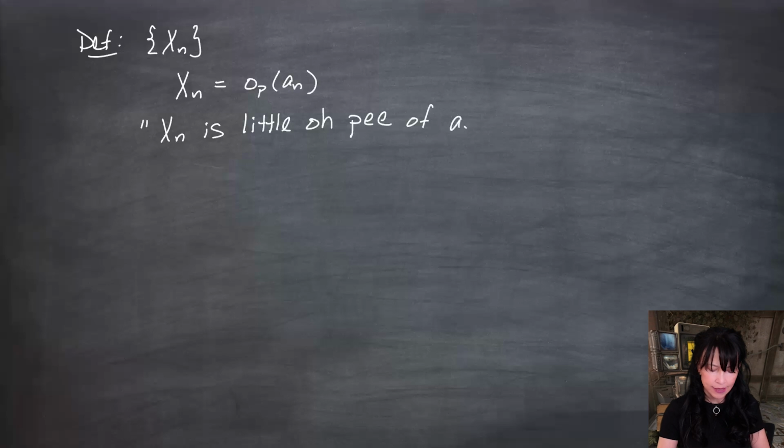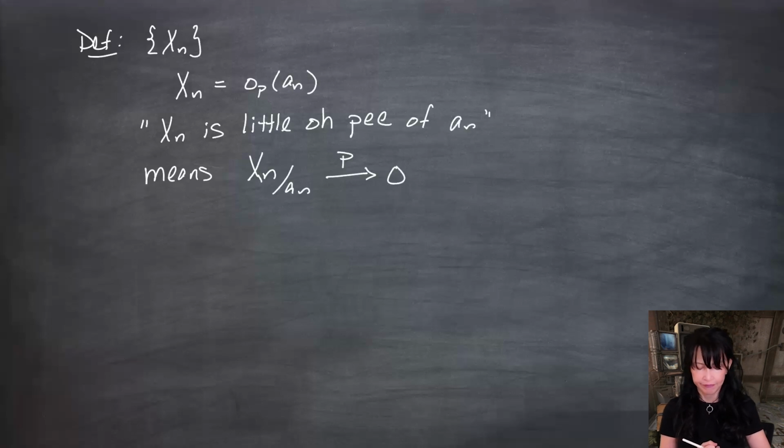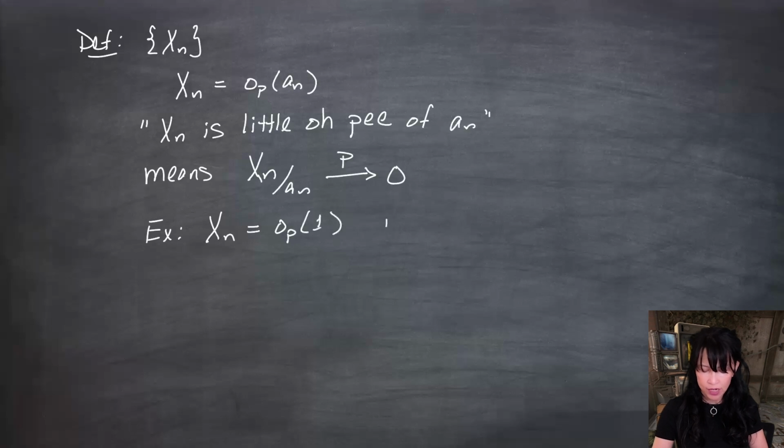This means that if you take the sequence of random variables and you divide by the constants, that this converges in probability to 0. It's a way to say that the Xn's are getting small. And in particular, we're going to need to talk about Xn being little o p of 1, which means that my Xn's are converging in probability to 0. I don't have to divide by anything.